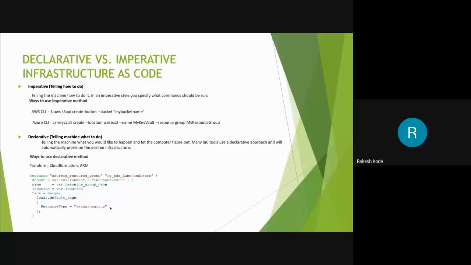The beauty of the declarative way is that it will just update that property and you're good to go. And if it's not there, it will create a new resource group. So with the imperative way, it basically just tries to execute what you're telling it, and if it doesn't find the resource, it fails. And the declarative way is always based on the code that we have written.